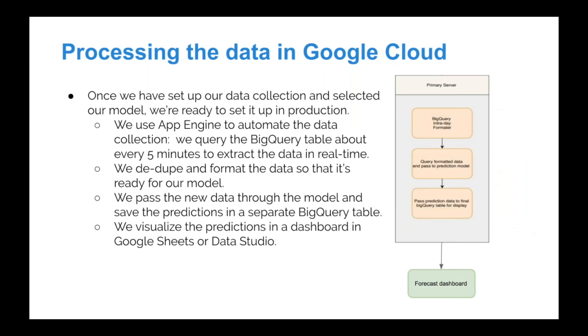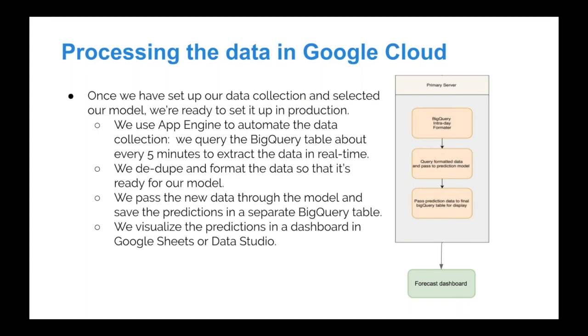Okay, so now that we've talked about the modeling piece, we'll talk about how all of this actually comes together in Google Cloud. We're using App Engine as the server on which to run and deploy our model. The first step is that we collect the data in real time.